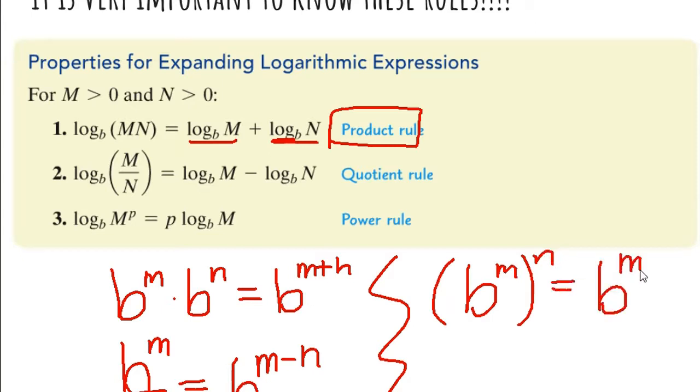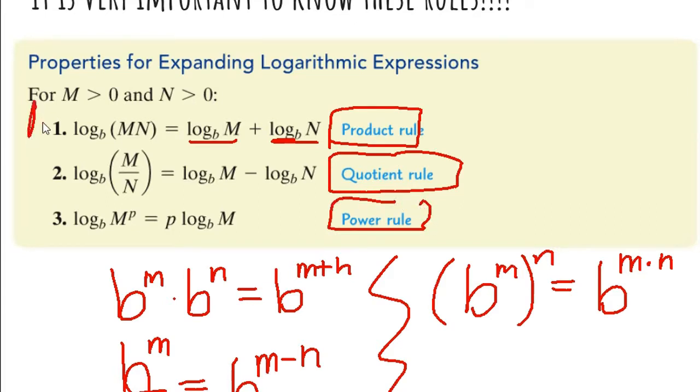So you do multiply that power in front of your logarithm. All 3 of them come from undoing, being the inverses of your exponentials. So these are 3 rules you need to know.